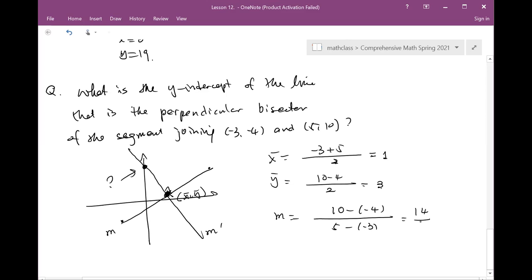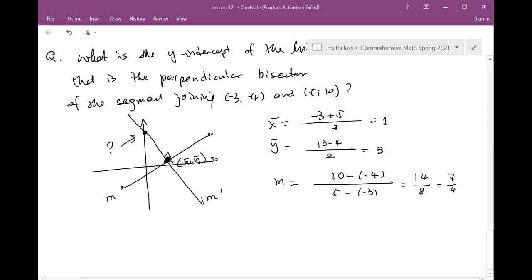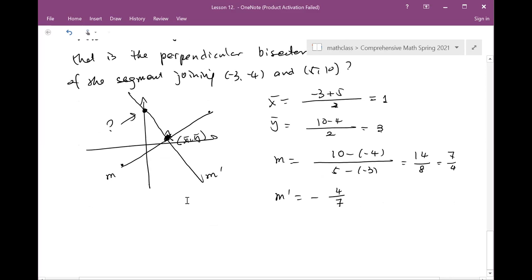So it's 14 and 8, so simplifying, it's 7/4. Then the slope for the bisector will be -4/7, the negative reciprocal of the original slope. Then you can write an equation y minus y bar equals -4/7 times x minus 1.